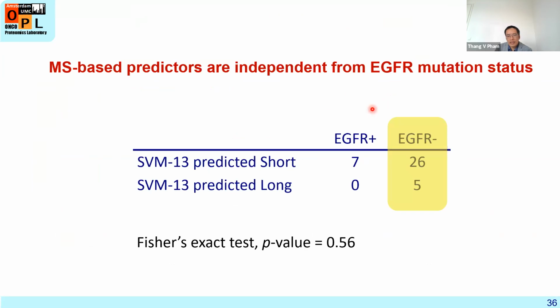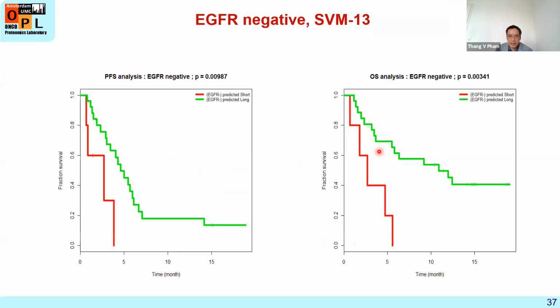And looking into the mass spec-based predictors, we see that they are independent from the EGFR mutation status. That means that we can use these mass spec results in combination with the genomic status results.